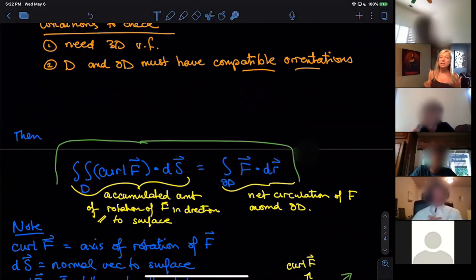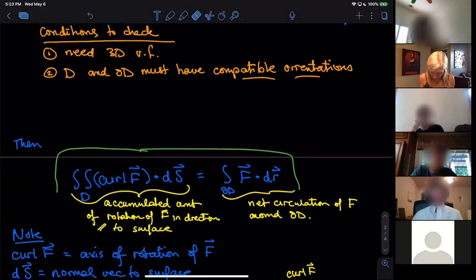Well, let's think about this. Anytime you do any integral of a vector field over a surface or over a curve, orientation is always a question, right? Because we might be going over the curve this way, or over the curve this way, and that's going to give us a different dot product. We might be going across the surface this way or across the surface this way, and that's going to give us a different dot product. So orientation is going to matter. If the orientations are compatible, then this left-hand side value is going to equal this right-hand side value.